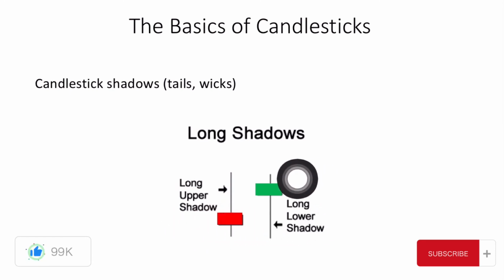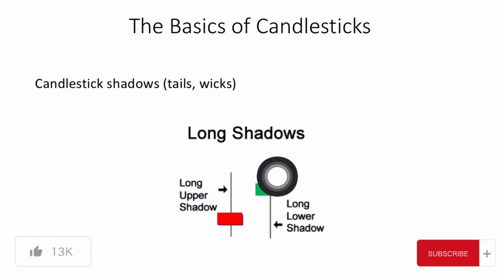But if you find a candlestick that has a long lower shadow and a short upper shadow, as you can see this green one, this is what I'm talking about right now. This means that sellers tried bidding the price lower, so they tried taking the market down, but for some reason the buyers came in and drove the market back up to close that market session, to close the current candle as a green candle.